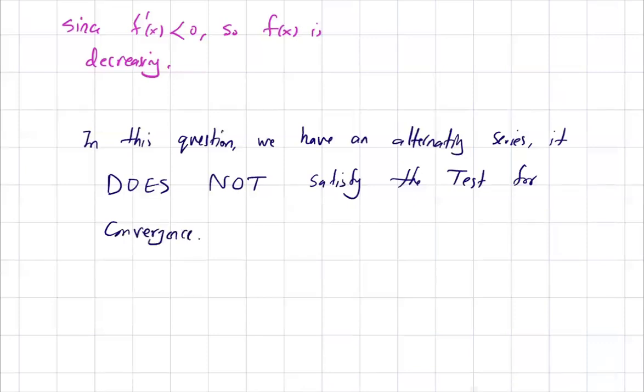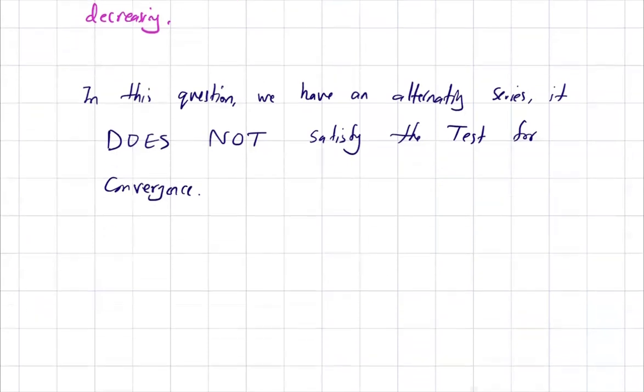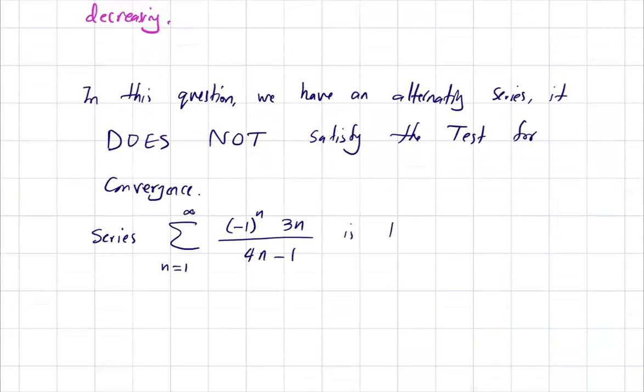So how did we know it's a divergent series? The series, the summation of -1 to power n times 3n divided by 4n minus 1, n starts from 1 to infinity, is divergent. Why is that? Remember the divergent test?